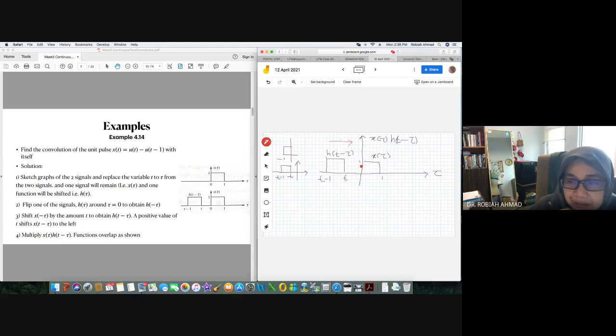First will be before it meets the x(tau), and then partially it will meet x(tau) until, because the two signals are identical, both of them overlap fully, and then another case will be h(tau) starts leaving x(t). Maknanya mula-mula dia approaching and then the leaving.